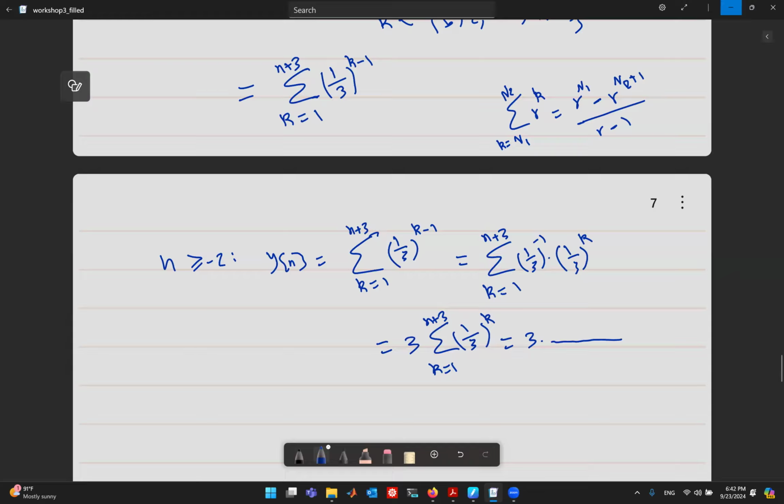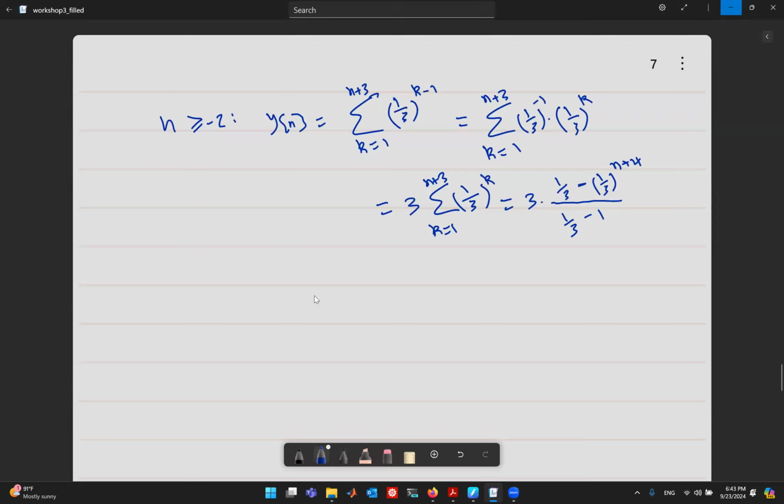which is 3 times the first one, which is r to the power n1. So it's 1/3 minus 1/3 to the power n plus 4, divided by 1/3 minus 1, right? Yeah, that's correct. We can simplify this a little bit.